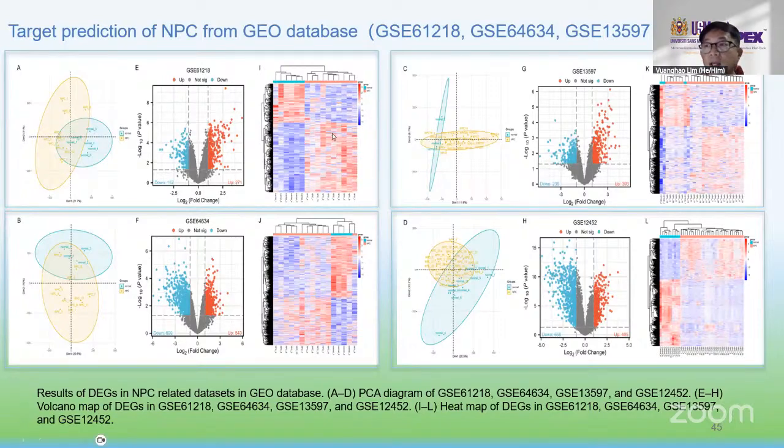We combine several independent datasets to improve reliability and reduce bias associated with any single study. So you can see the overlapping disease-associated genes and compound targets basically form the basis for identifying potential therapeutic mechanisms. You can see some of the volcano plots showing upregulated genes and some that are not significant.